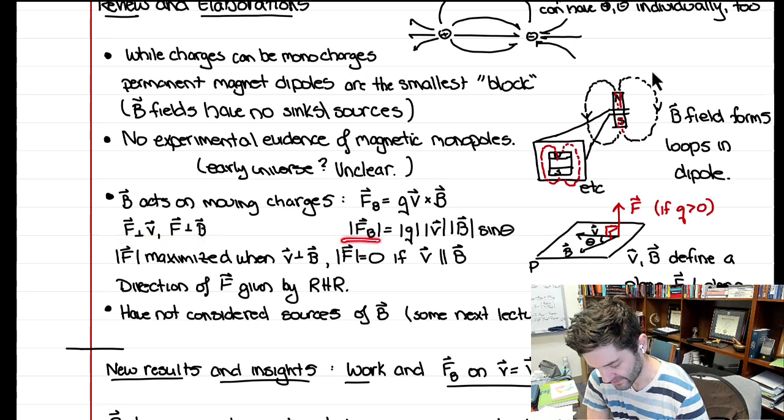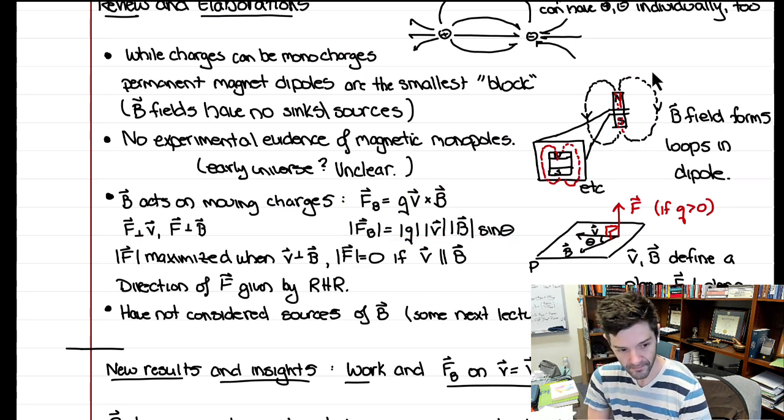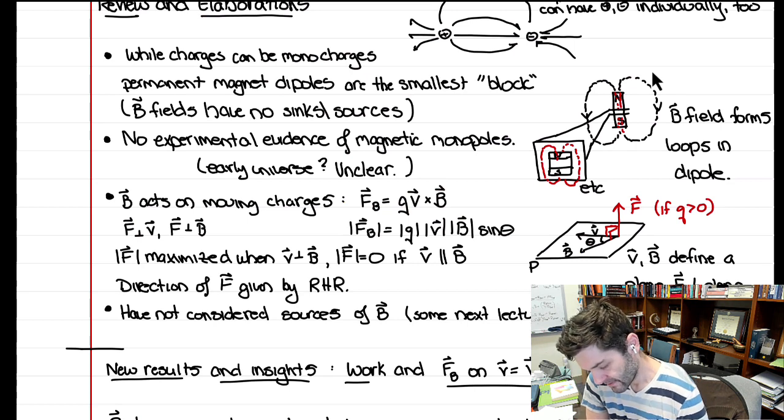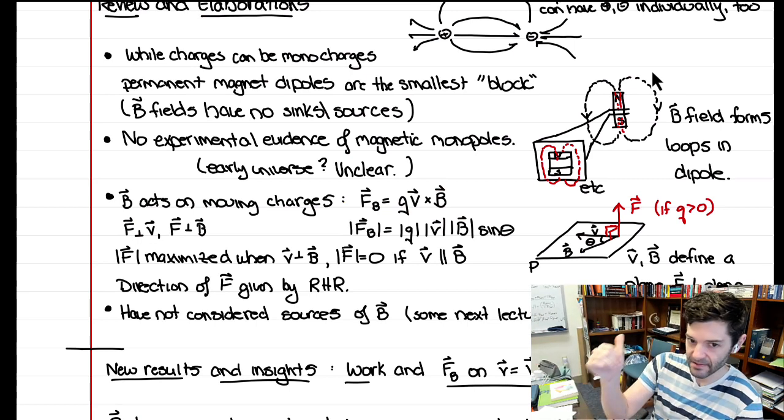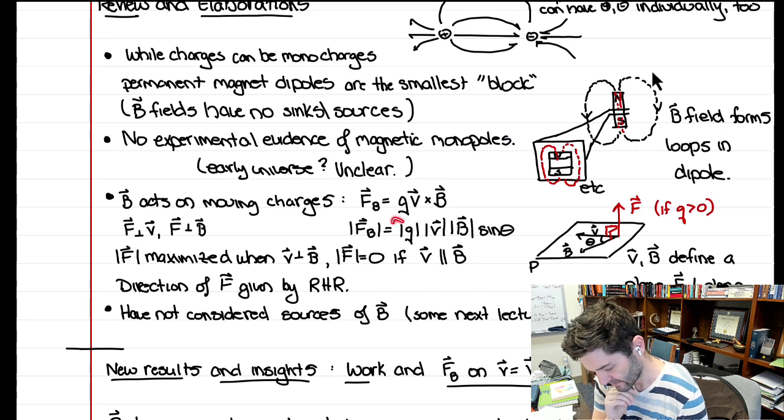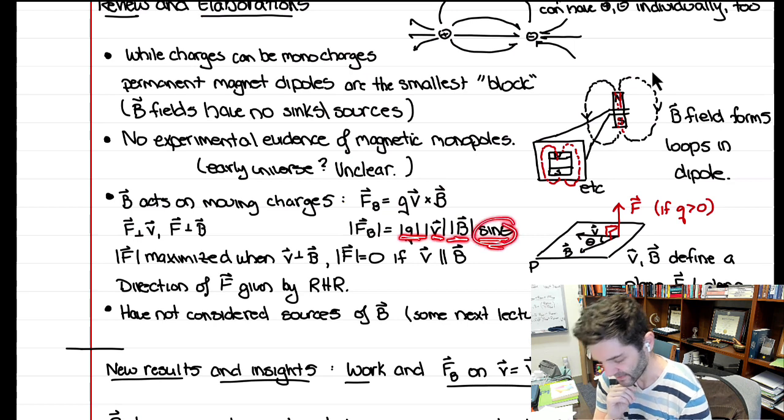The magnitude of the cross product is given by something that looks like the dot product, but instead of a cosine, it's sine. Things we explored in class and in some class problems: this force is maximized when V is perpendicular to B. In terms of what gives me the biggest number, nothing changes the absolute values; the only thing I have control over is the angle between them.